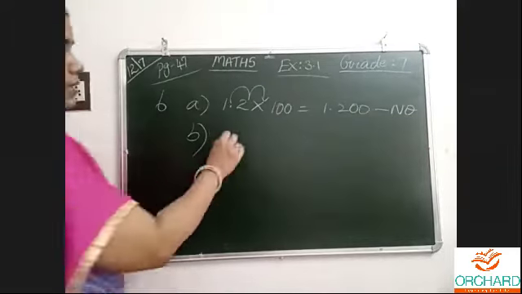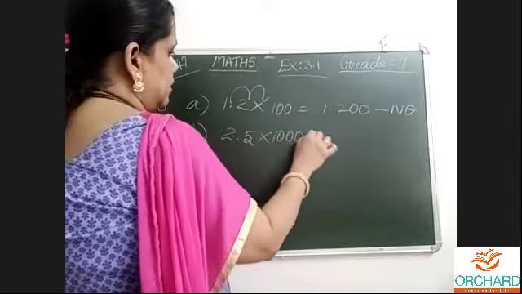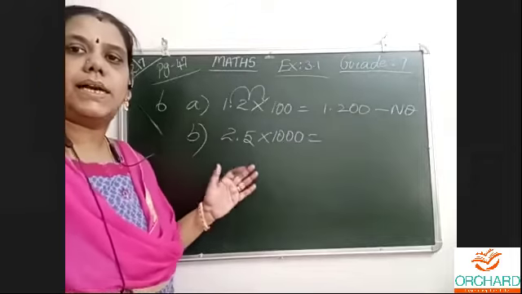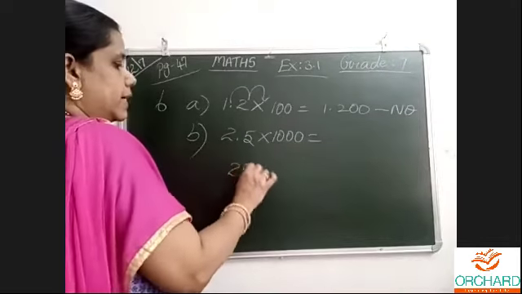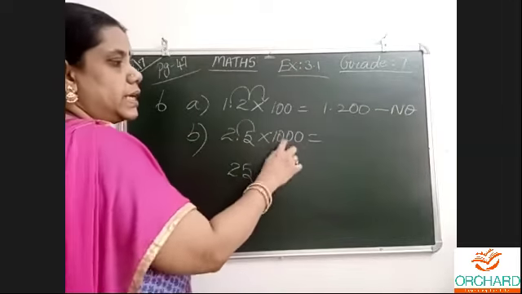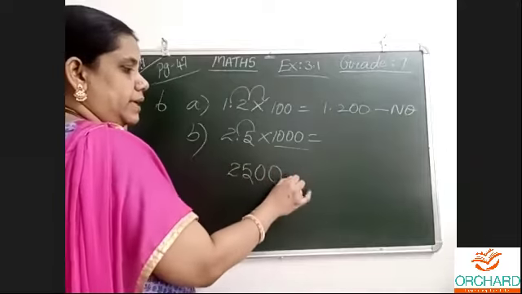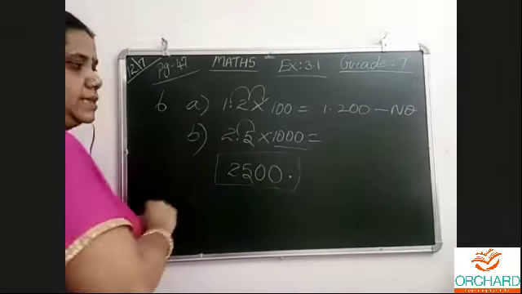Second thing, 2.5 multiplied by 1000. Now, we know that whenever we multiply by 1000, 3 places. So, 2 I am writing, 5 I am writing. 1 jump, 1 number is here. 3 jump I want, another number. The point went here. So, the answer should be this.